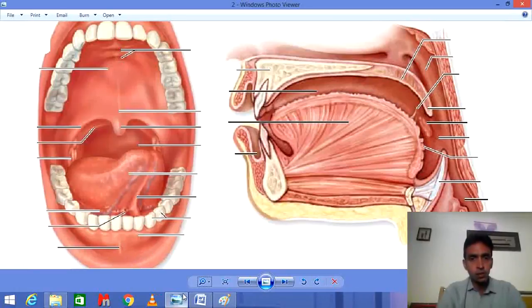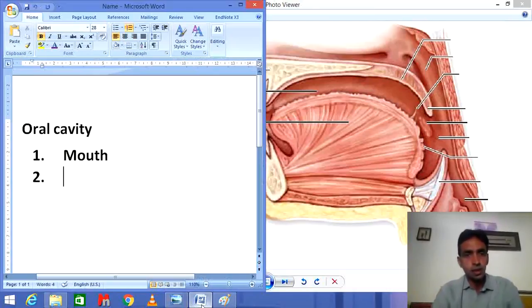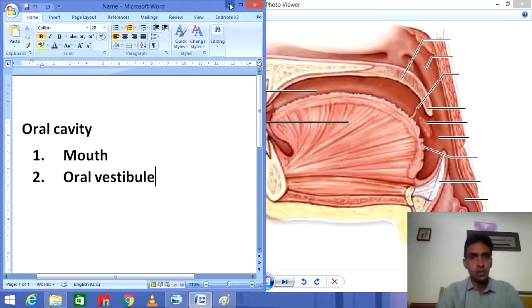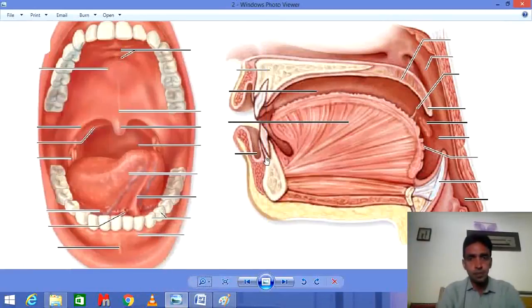This is called oral vestibule. These are the lips, and these are the teeth. This is the uvula.